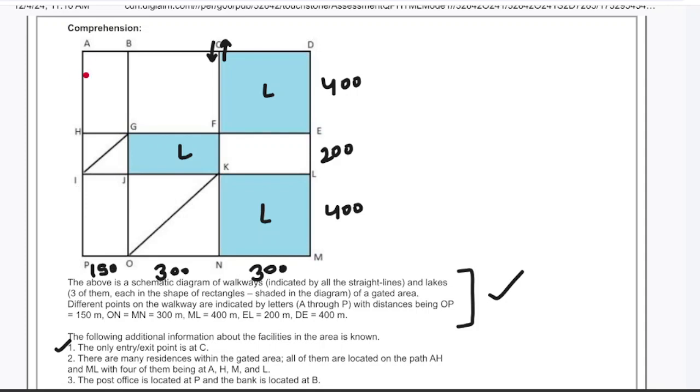So this path has some houses, and ML, this path also has some houses, with four of them being at A, H, M, L. So one house is here, one house is here, one house here, and one house here. These bigger dots are showing some houses. Then they say the post office is at P and the bank is at B. So this P is the post office and this B is the bank.